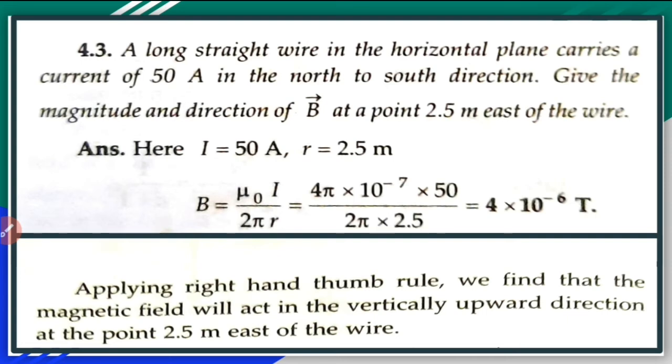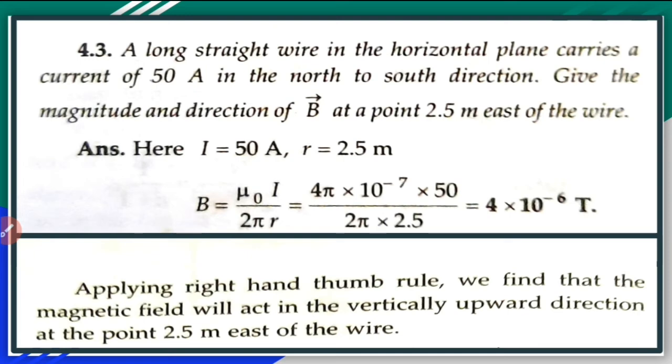What will be the direction of the magnetic field at a point 2.5 meter east of the wire? The direction will be upwards, that means vertically up, at the point 2.5 meter east of the wire.